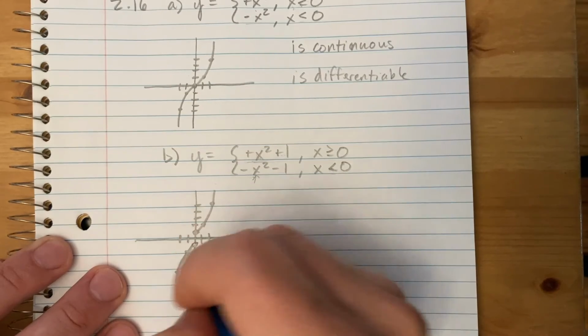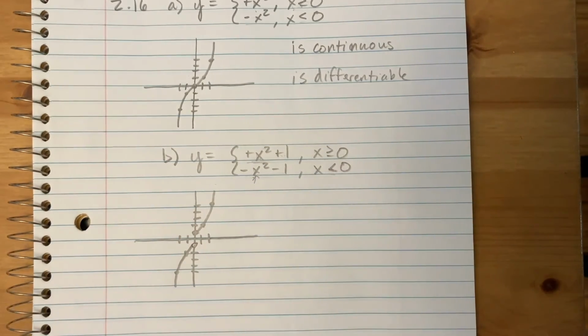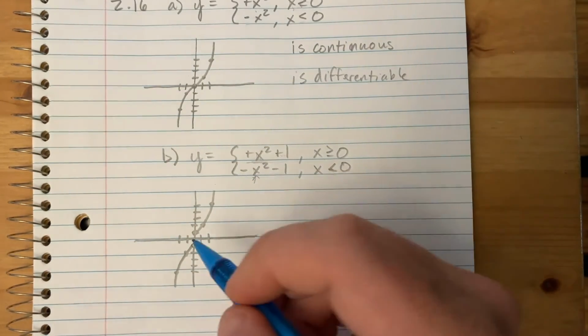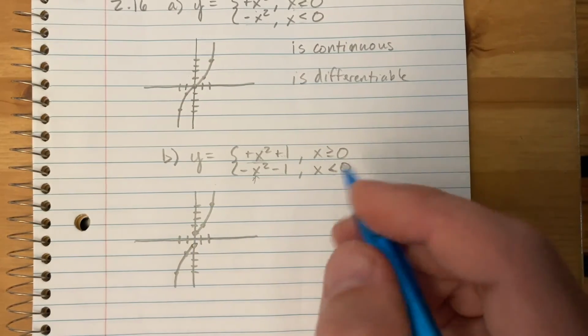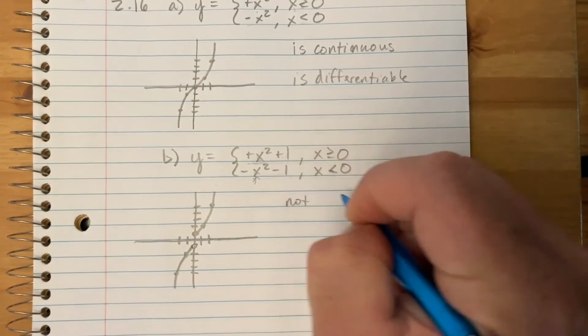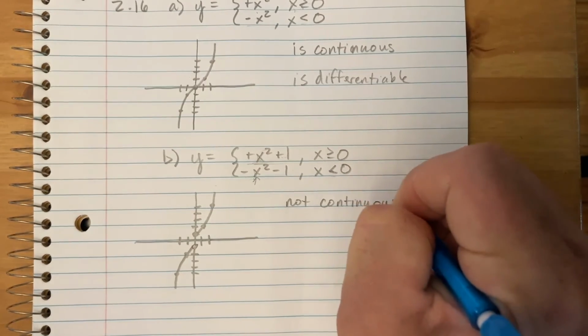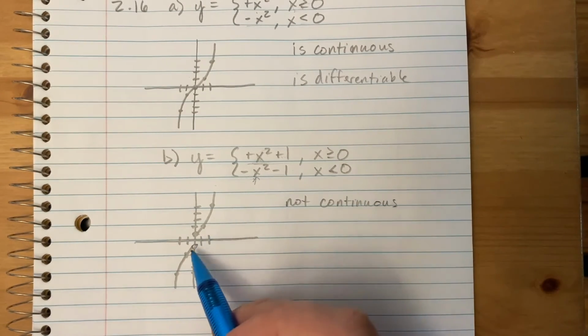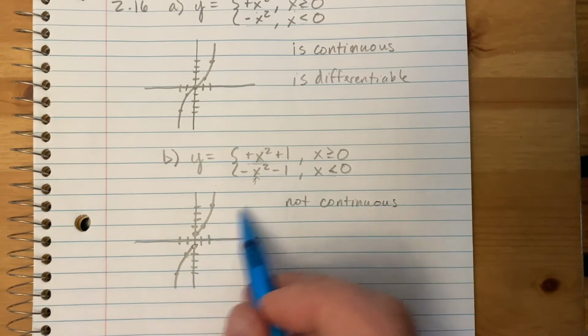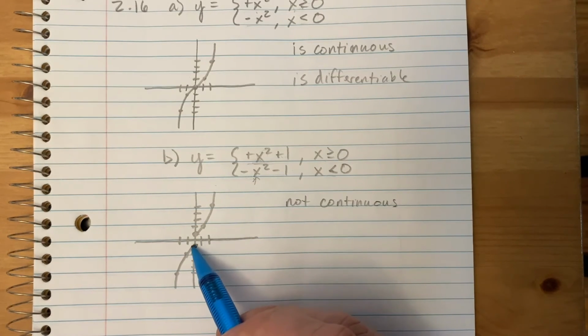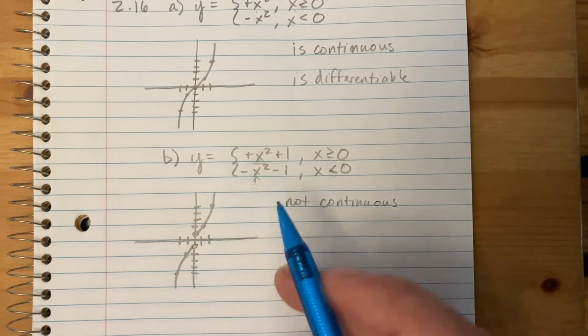And again, we get something that looks like half of a parabola, but we do have a discontinuity here. So this one is not continuous, and it's not fully differentiable, therefore. It is differentiable on subsets of the domain, right?